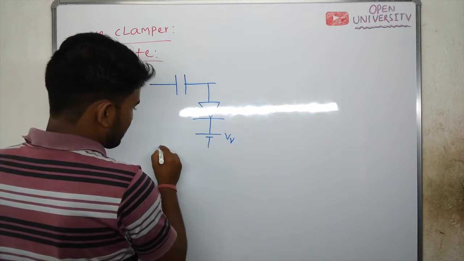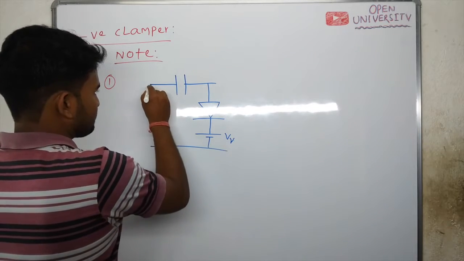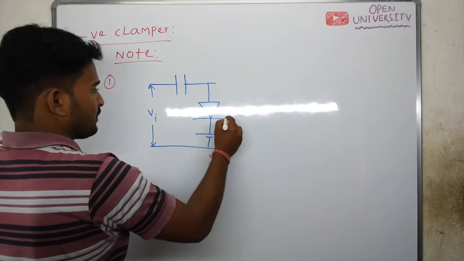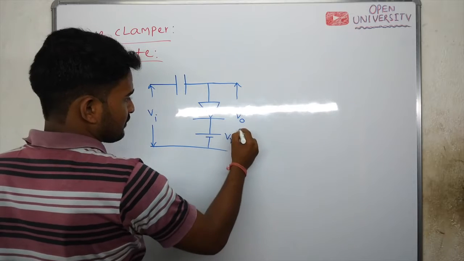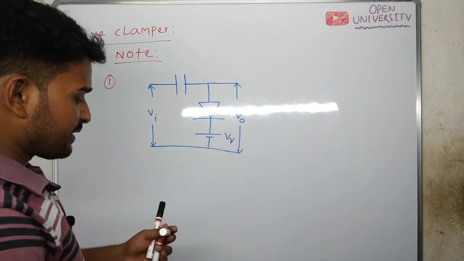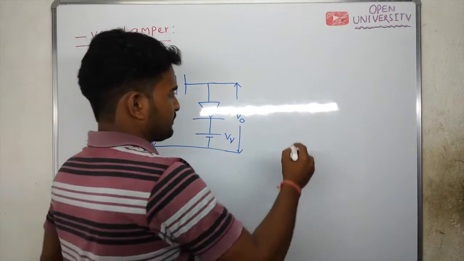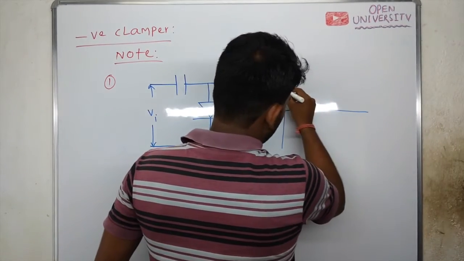This is your cut-in voltage, this is your input voltage, and this is your output voltage. Same, I am assuming Vi to be a square wave signal whose value is in between plus Vm and minus Vm.